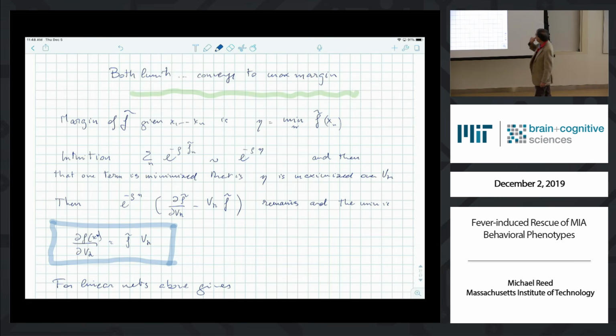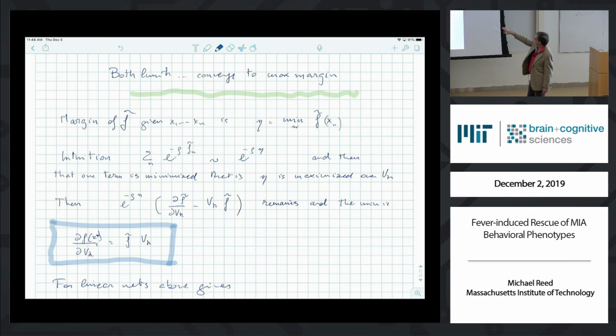So you define margin as of a function f tilde, like eta, which is the minimum over all the training examples of f tilde. That's sometimes called the functional margin.